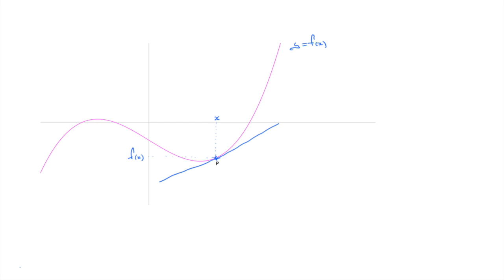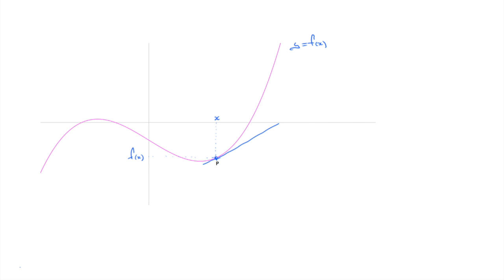But now, unfortunately for us, we can't simply calculate the gradient of this line. To find the gradient, we need 2 points through which the line passes, so we can use our well-known formula for the gradient of a line. But because we only have 1 point, we're going to come up with an approximation.